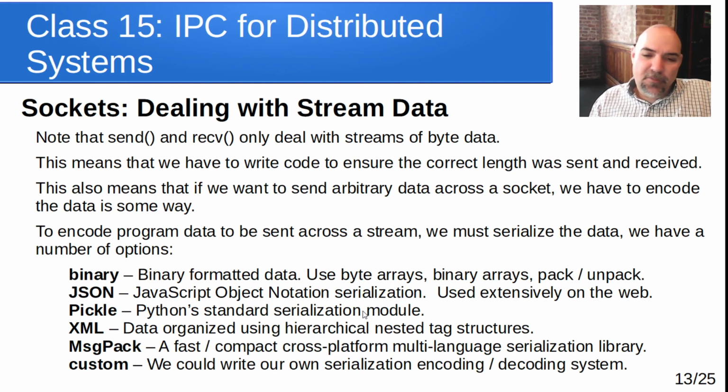So if we want to send arbitrary data across that socket, we have to encode that data in some way. To encode program data to be sent across the stream, we have to serialize that. And there are a number of options for serializing the data.